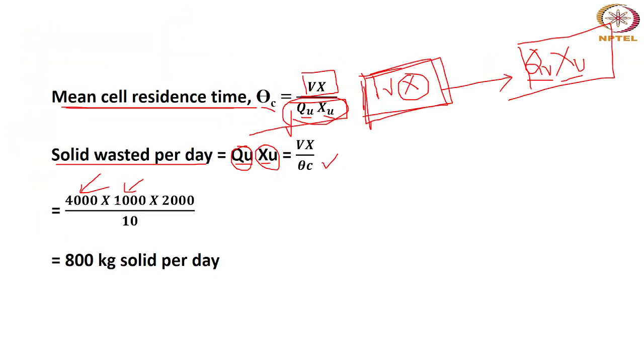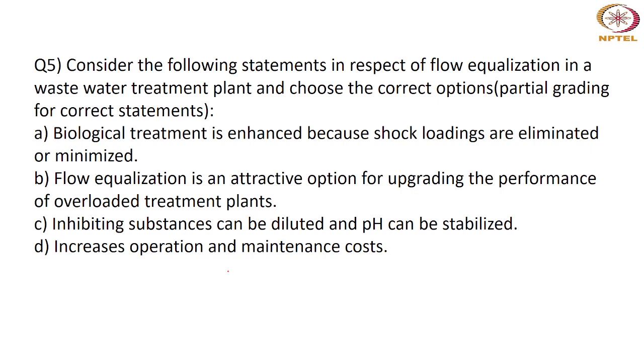You can convert this into liters, any kind of conversion, but all the units should be the same: liter with liter, meter cube with meter cube. Then 2000 is my MLSS concentration, mg per liter, and theta c was written as 10. So I'm getting 800 kg solids per day. We'll move to the next question.